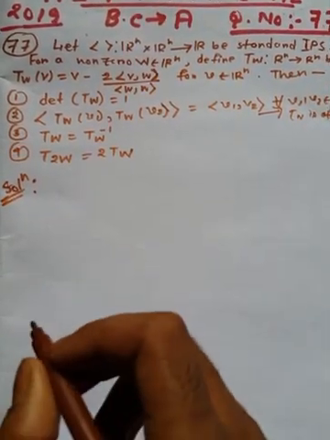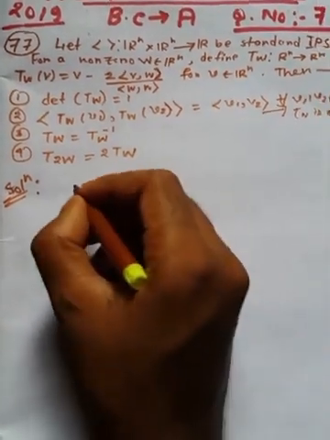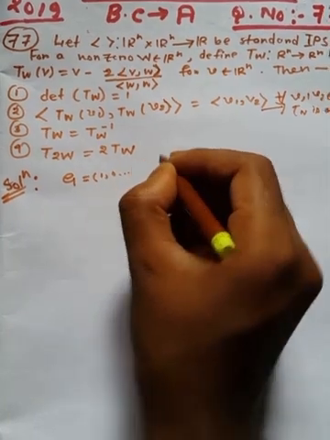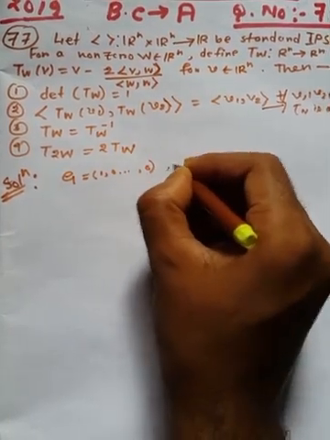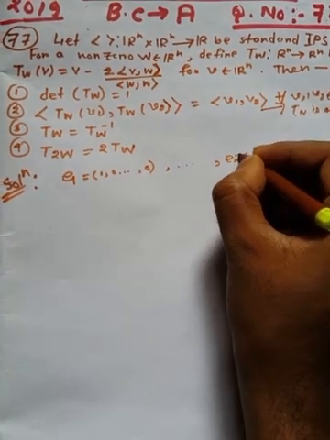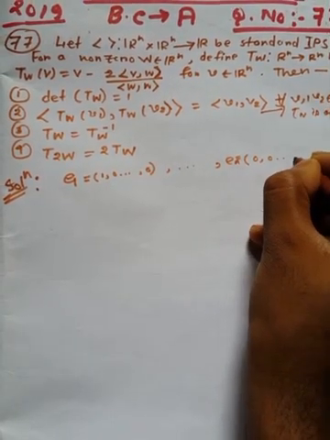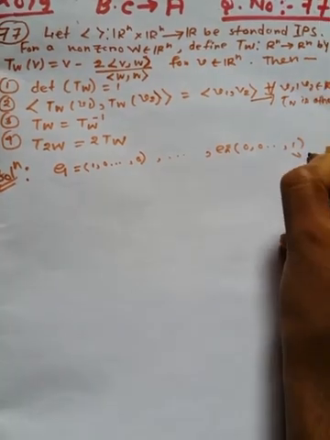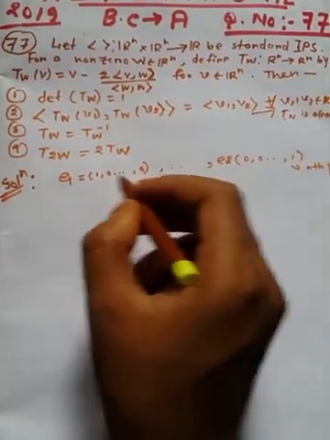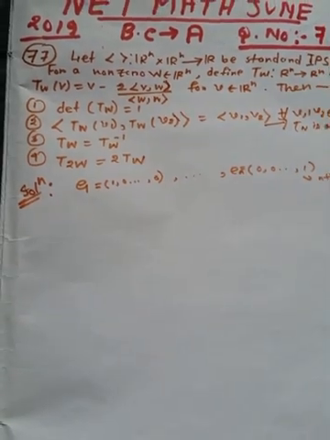So first, suppose E1 is equal to 1, 0, and so on, En is equal to 1 in the nth position and all others 0. So these are the basis of R to the power n.